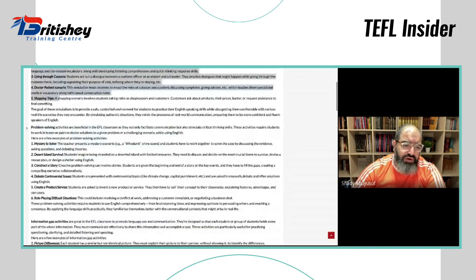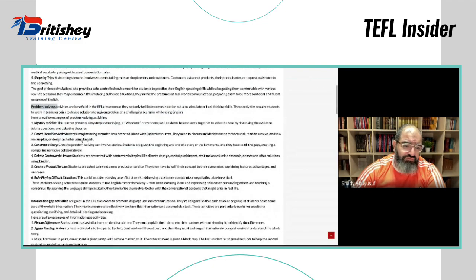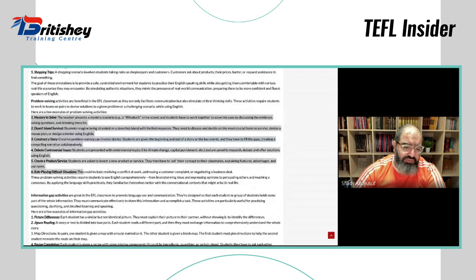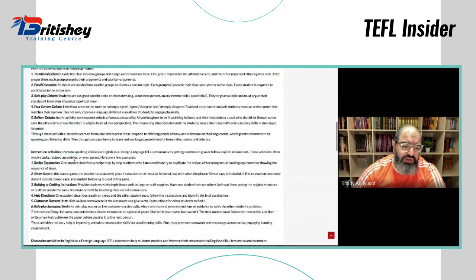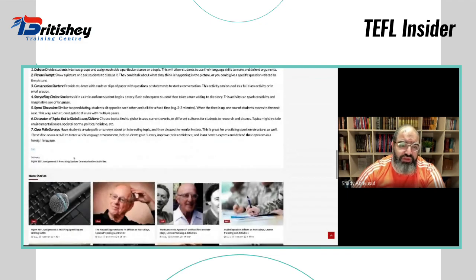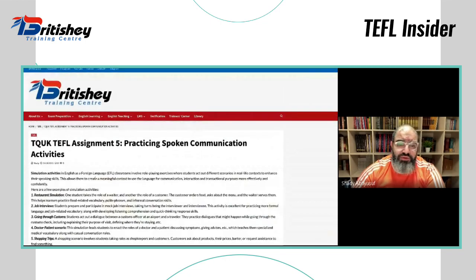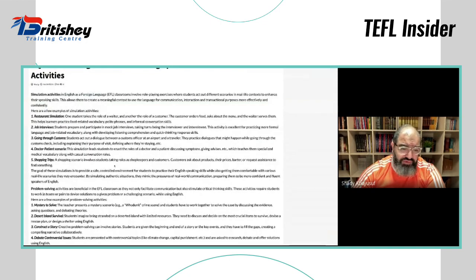And then you have problem solving, with 5 or 6 types of problem solving. You have information gap, with 5 types of information gap, and it goes like that. So this is a very, very important post. It will help you a lot with your assignment because it shows you the types of activities. Now, after knowing the types of activities, what is required from you is to go to a course book.